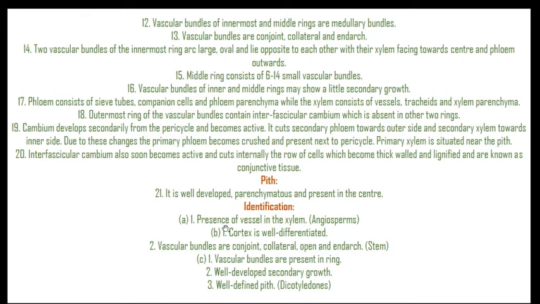First of all, the presence of vessels in xylem is the characteristic of an angiosperm. Then the cortex is well differentiated. Vascular bundles are conjoined, collateral, open and dark. These are the characteristics of angiospermic stems. Then vascular bundles are present in a ring, which is a characteristic of angiosperms. Then well developed secondary growth and well defined pith are found in a dicotyledon.